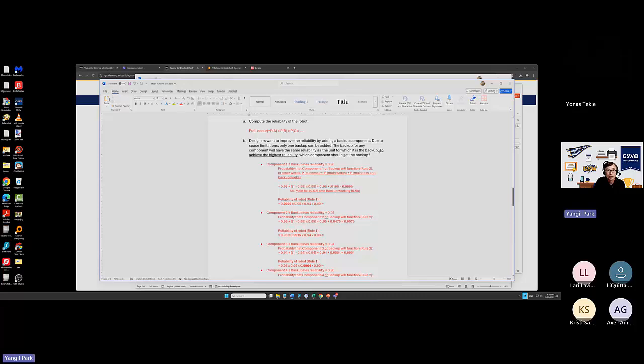So the question is, to achieve the highest reliability, which components should get the backup? All right. First thing you need to do is find each component's reliability.